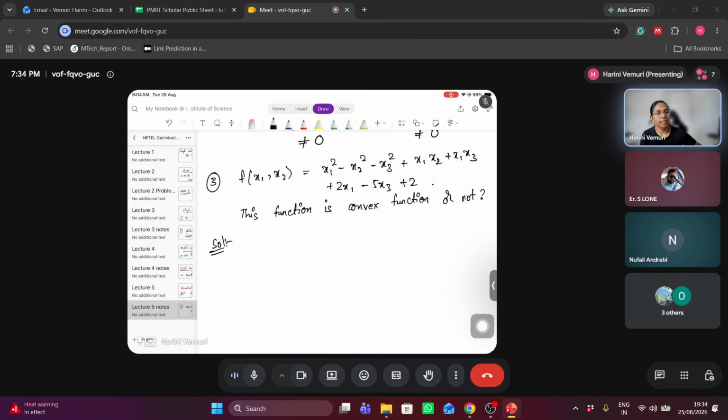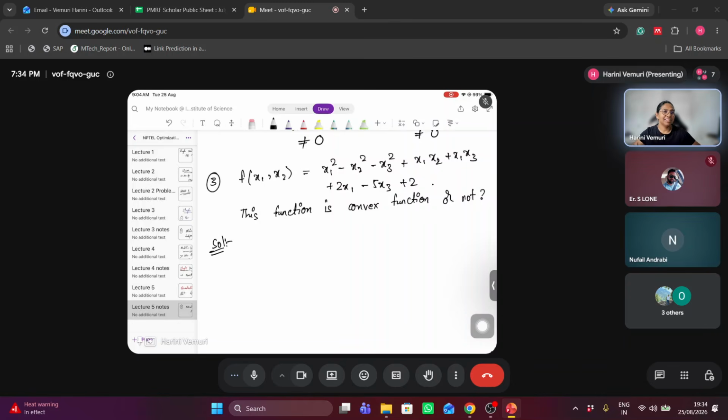No, it's a three-dimensional function. If it is convex in one direction, you cannot say that it's convex in all the directions, right?